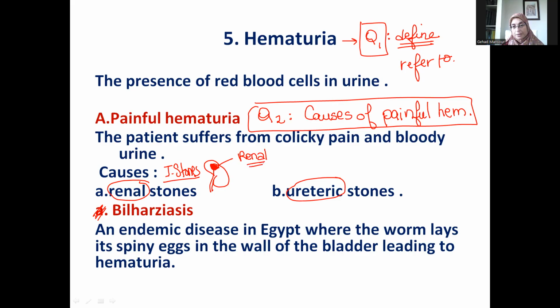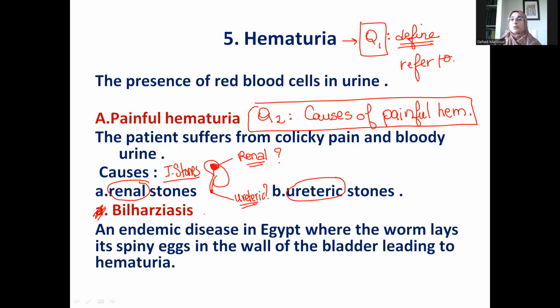So what is a renal stone? A renal stone is a stone that lies within the kidney, or it might be a ureteric stone lying in the ureter. So what is a ureteric stone?